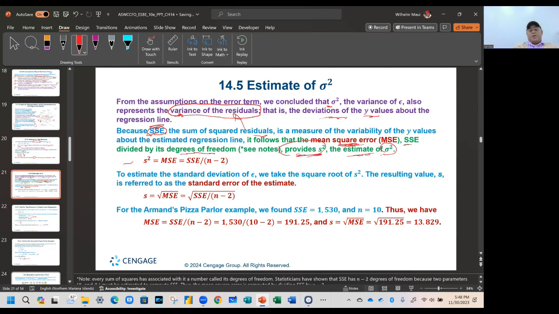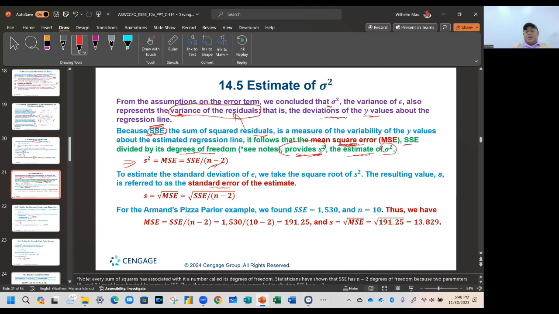And there's the formula that we use. Your mean square error is computed from your sum of squares error divided by the degrees of freedom, in this case n minus 2. Then you take the square root of that and you get your standard error of the estimate, no?